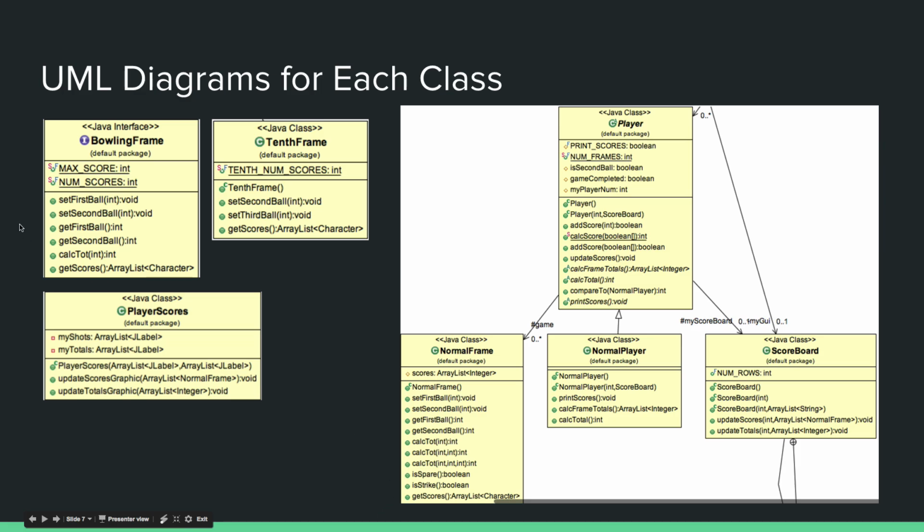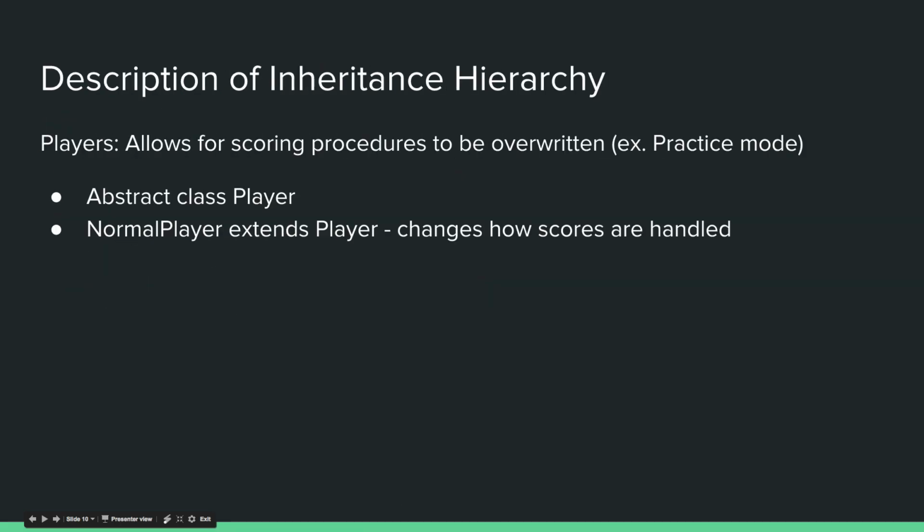And so this is what all frames will have in common. Then 10th frame has to overwrite how the second ball works, because depending on how the user finishes their game, the game might or might not end with the second ball anymore, versus the frame always ending with the second ball before. Now there's opportunity for the third ball. So that is that example of inheritance.